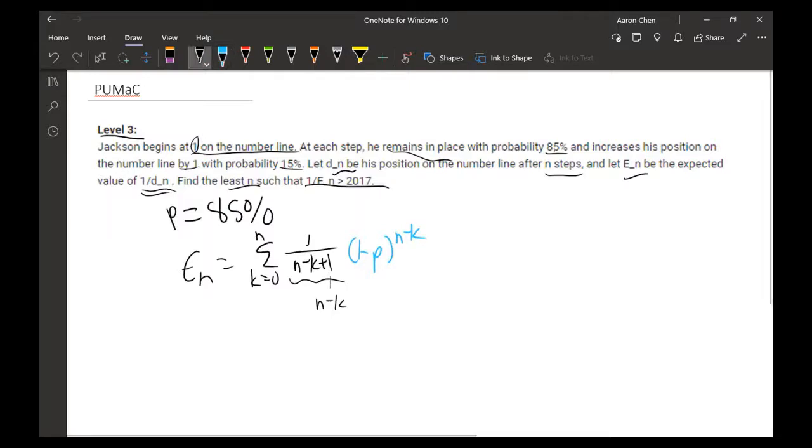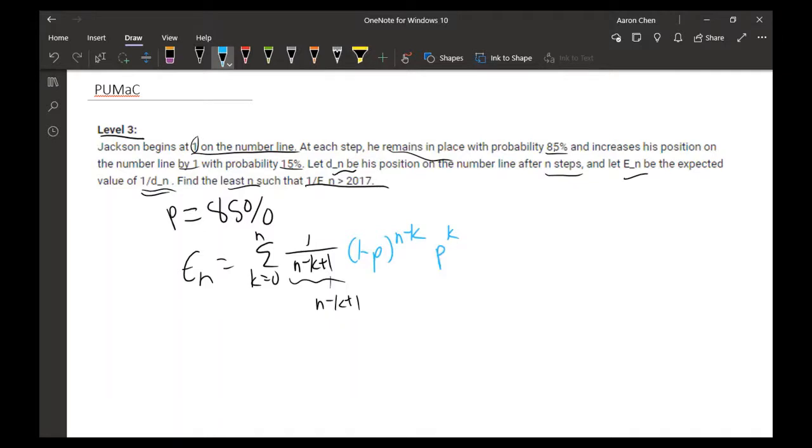Sorry, his current position is n minus k plus 1, and so he needs to make n minus k steps forward. The other k steps out of these n steps are all where he stays in place, so we multiply the probability by p to the power of k.